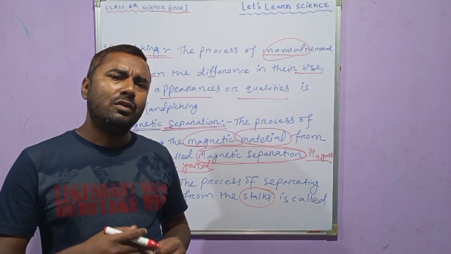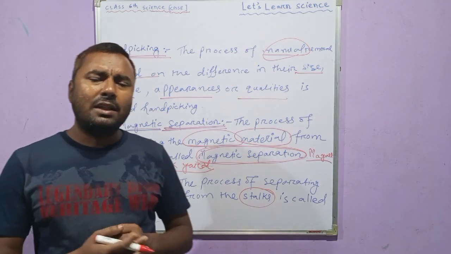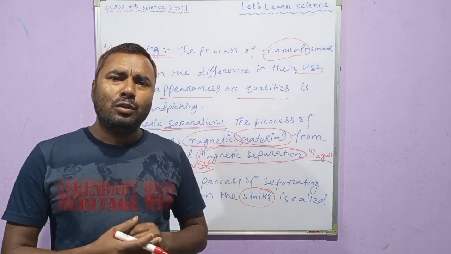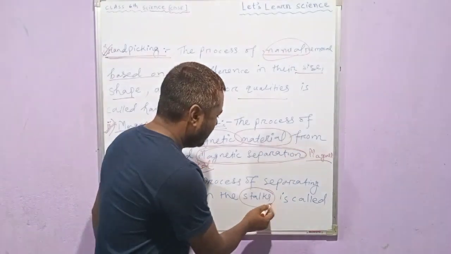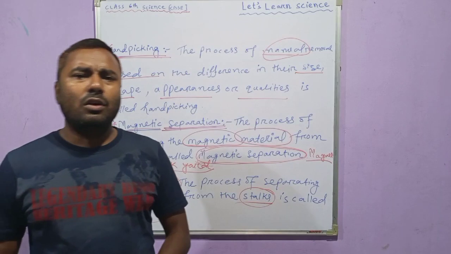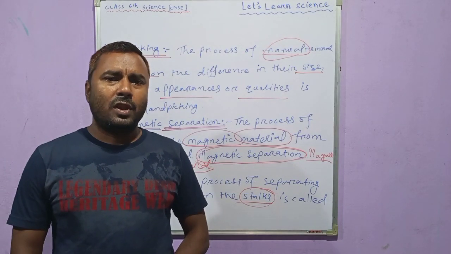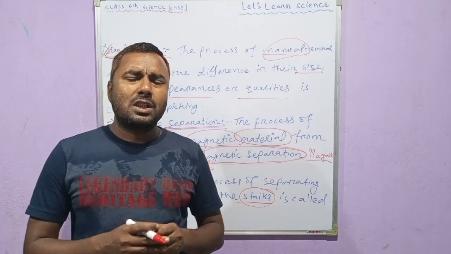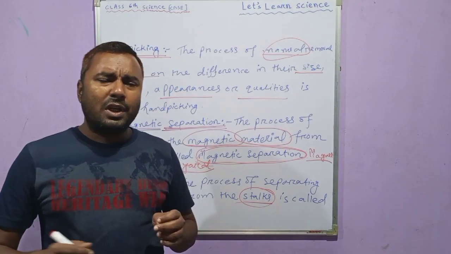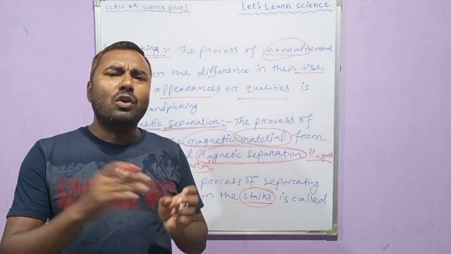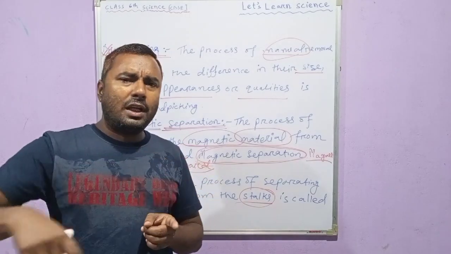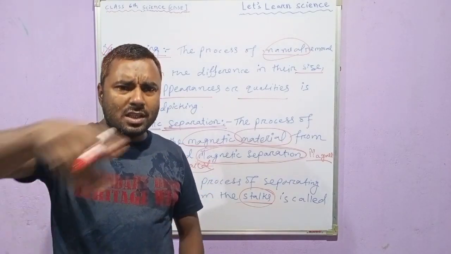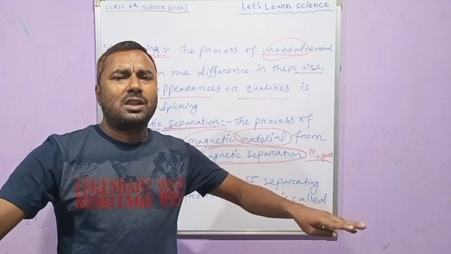The process of separating the grains from the stalks is called threshing. Often in the villages, threshing is also done by donkeys or oxen, bound together and allowed to move in a circular form on a hard surface.